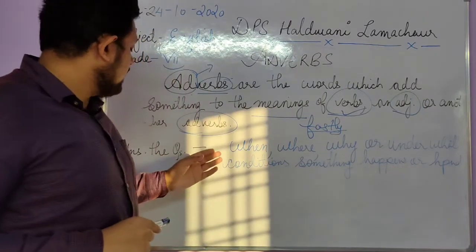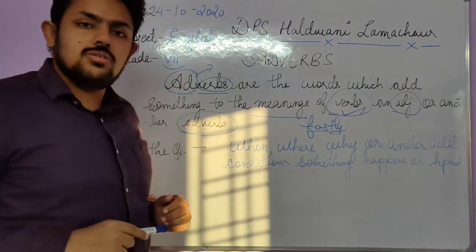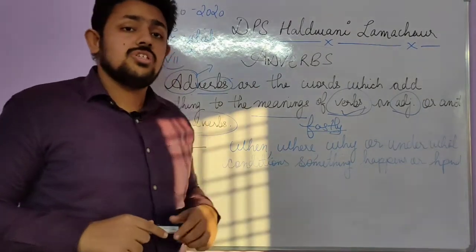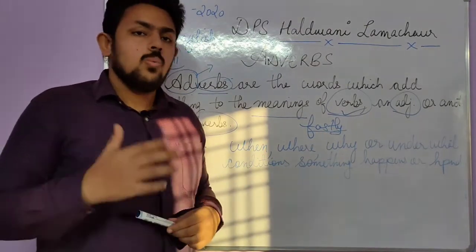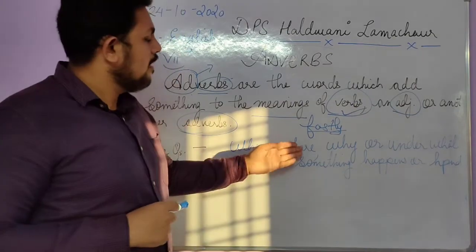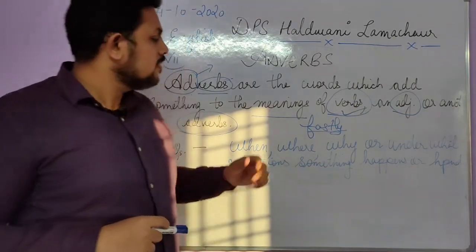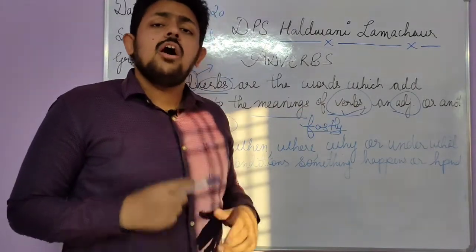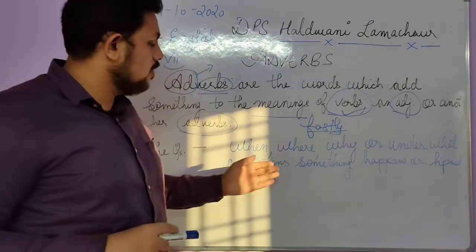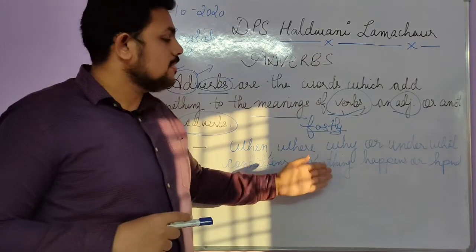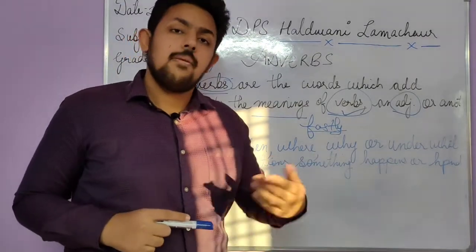Let's see that they answer the questions. Adverbs answer the questions also. Which kind of questions? When a thing happened, where a thing happened, why the thing happened, or under what circumstances a thing happened, under what conditions something happens or happened.